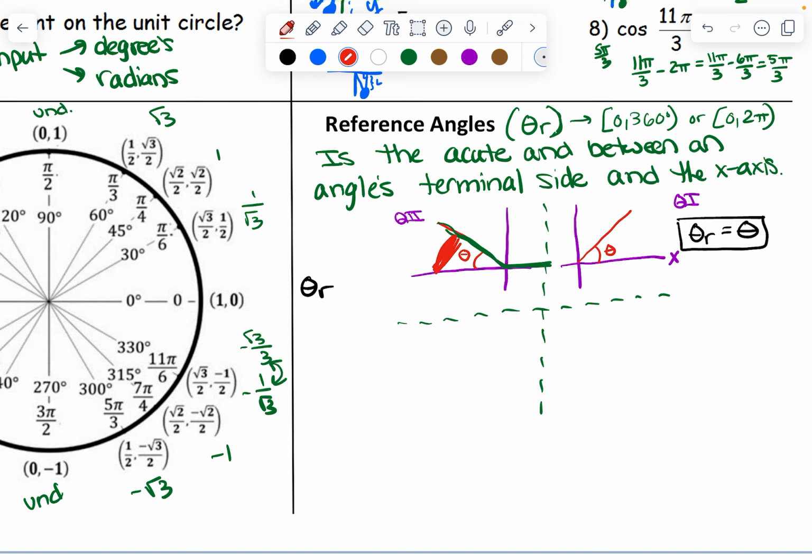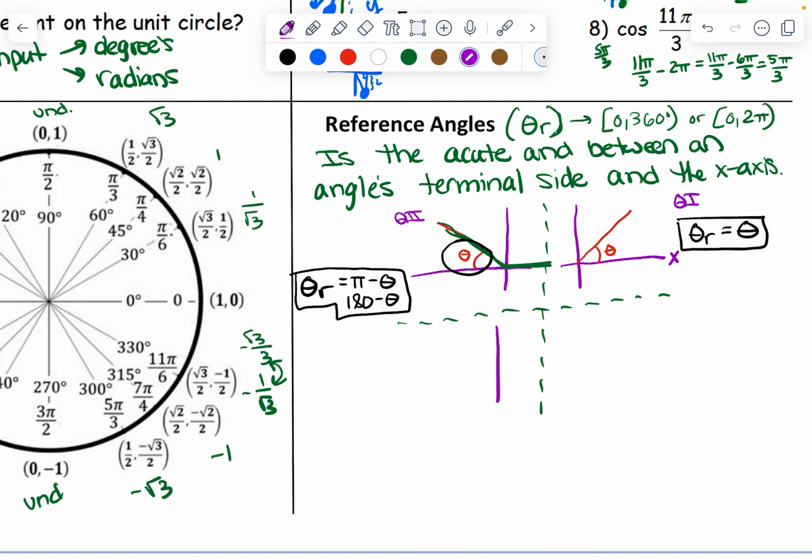If we think about this, this is already pi, this is 3 pi over 4. So if I want to find the difference between these two, that gives me the space in here. Because I want that acute angle between the terminal side and the x-axis, I can do pi minus theta, or 180 minus theta, because that will give me the difference between these two, which is that acute angle between the terminal side and the x-axis.